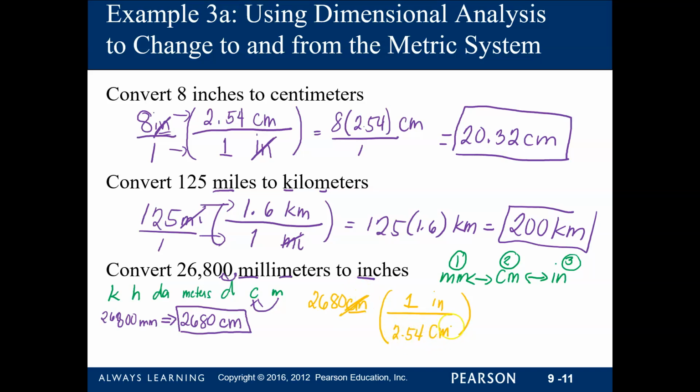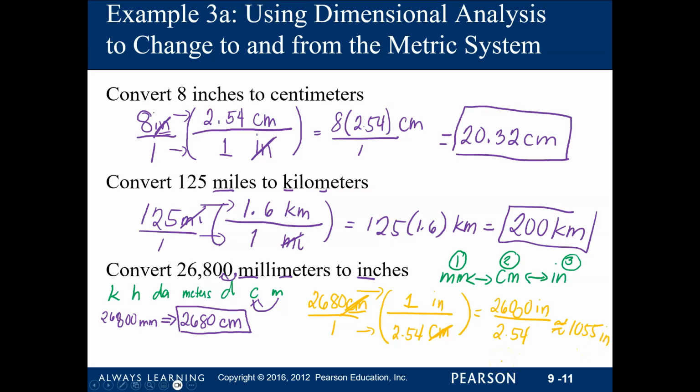We can cancel our centimeter unit. We put over 1 here and proceed with multiplying across. We will have 2680 inches divided by 1 times 2.54. This value is going to be an approximate value, around 1,055 inches.